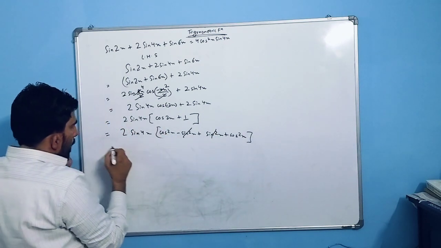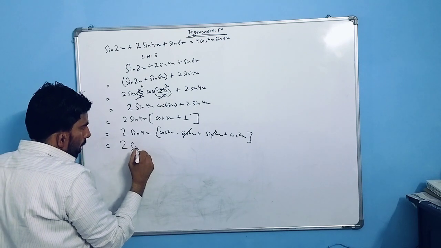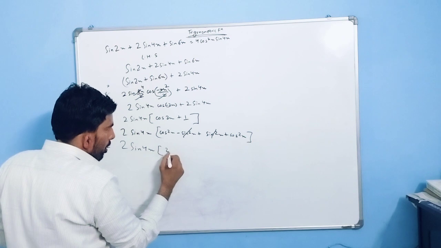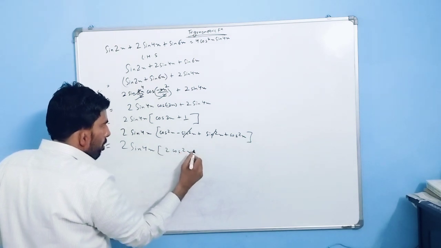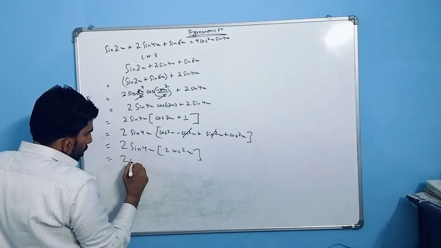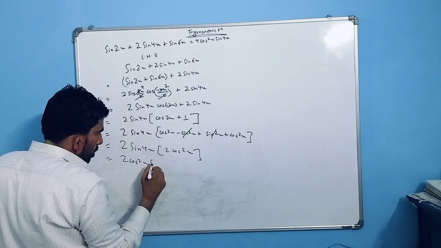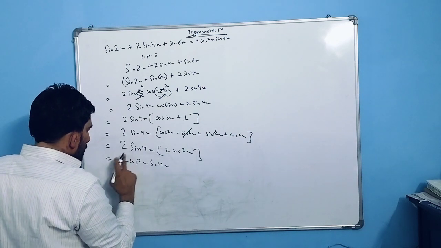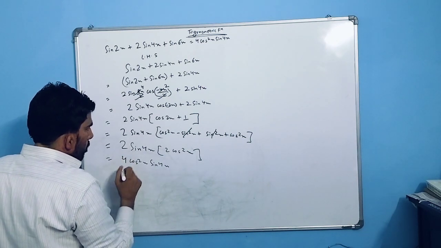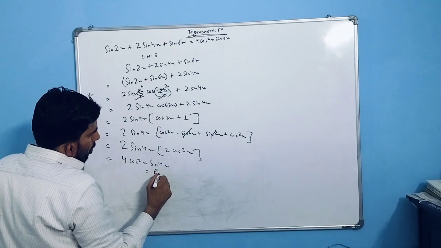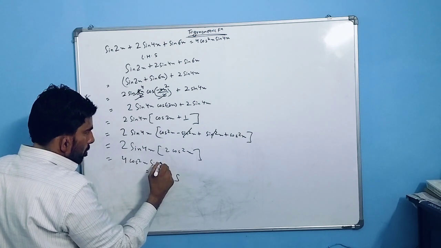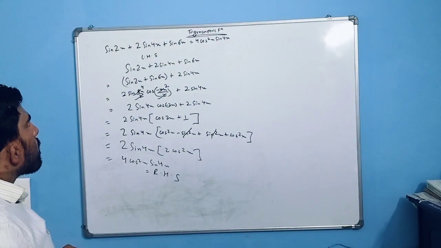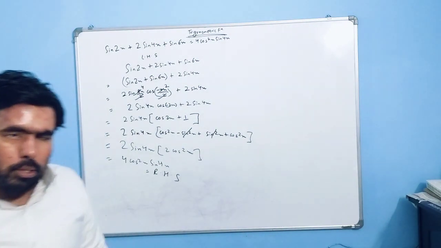So now we have 2 sin 4x (cos square x plus cos square x), 2 cos square x. So I got my answer, 4 cos square x sin 4x, which is equal to RHS. So you can easily solve such kind of numerical.